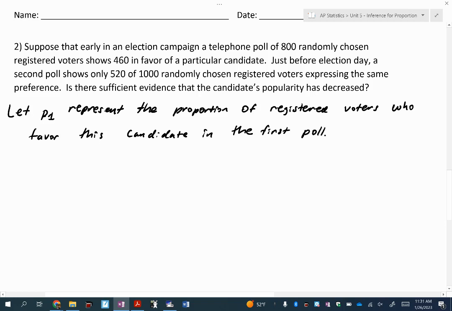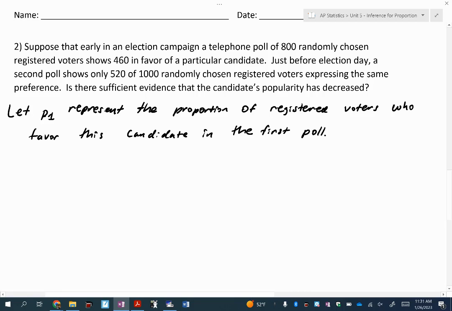All right, so let P subscript 1 represent the proportion of registered voters who favor this candidate in the first poll. Now, if you were doing this on a computer, you would just copy that and change it to P subscript 2 to be the second poll.